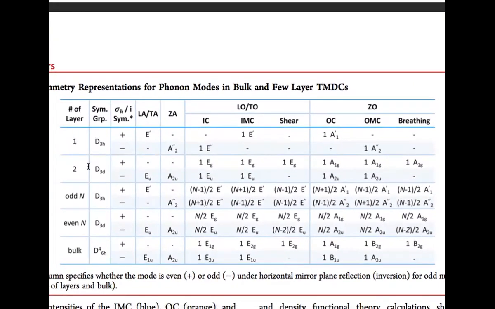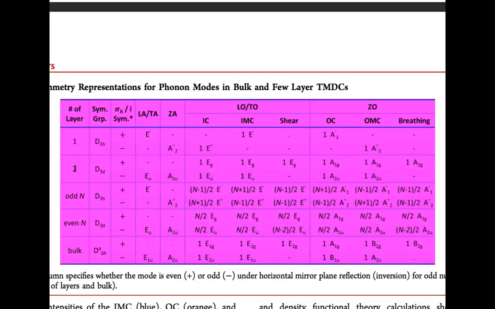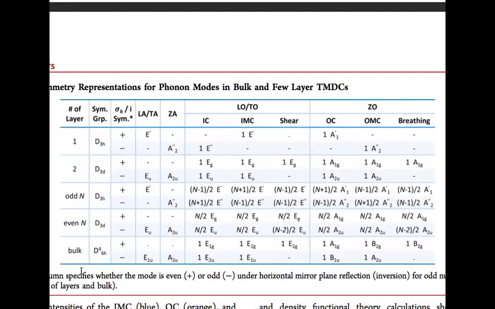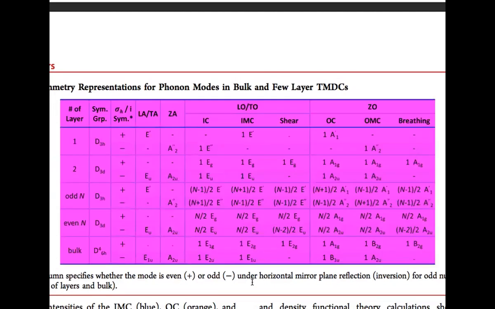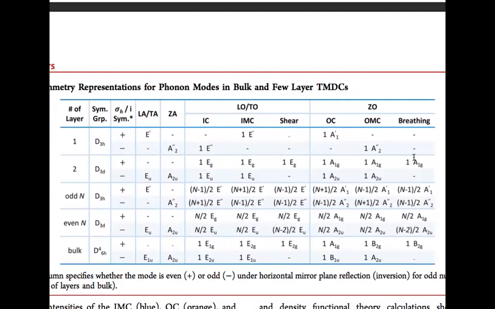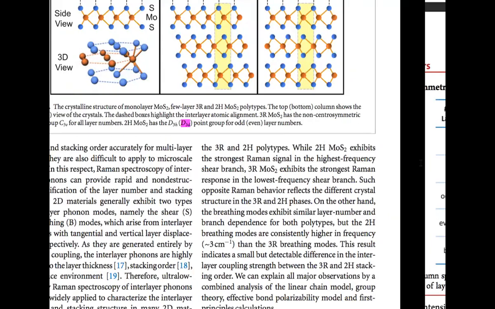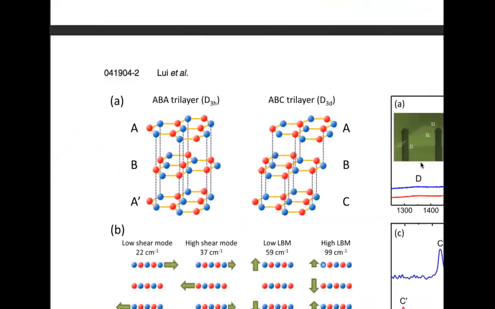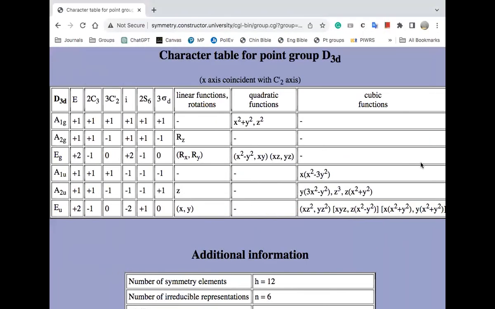But today I'm going to only focus on the shear mode and breathing mode. So we're dealing with a bilayer. This bilayer has D3d group, and look at the shear mode. The shear mode is E2G, EG, and then the breathing mode is A1G. Let me just write it down. EG.